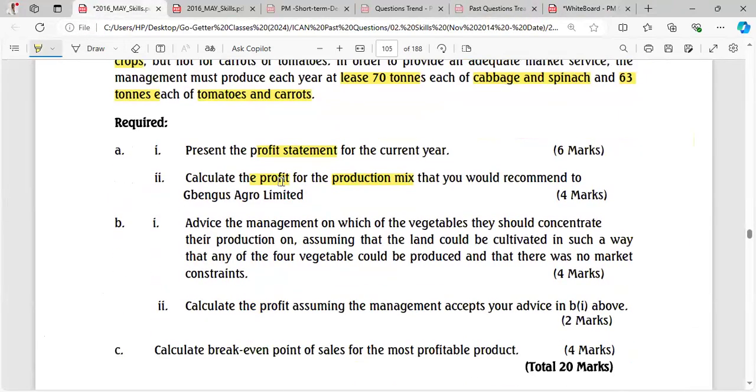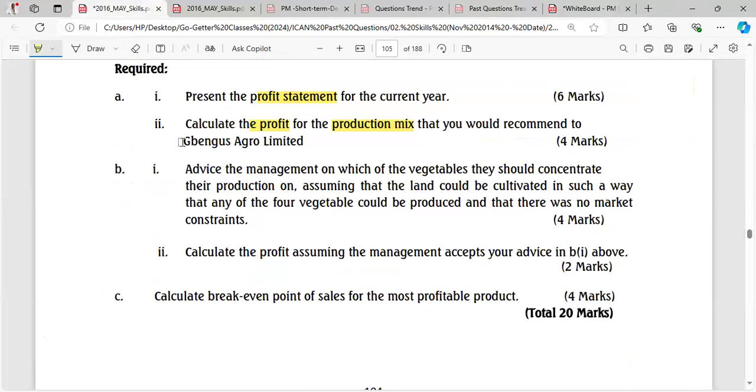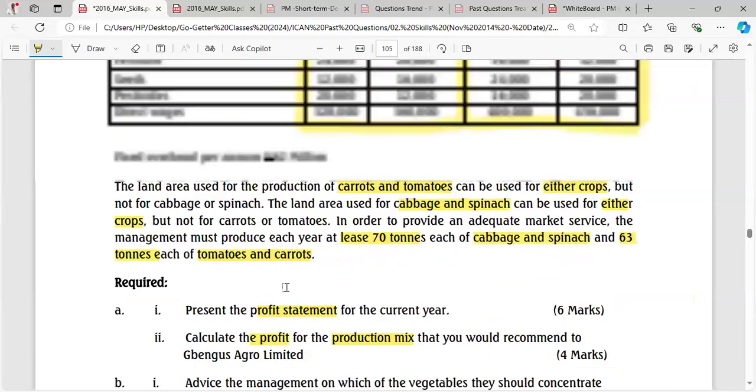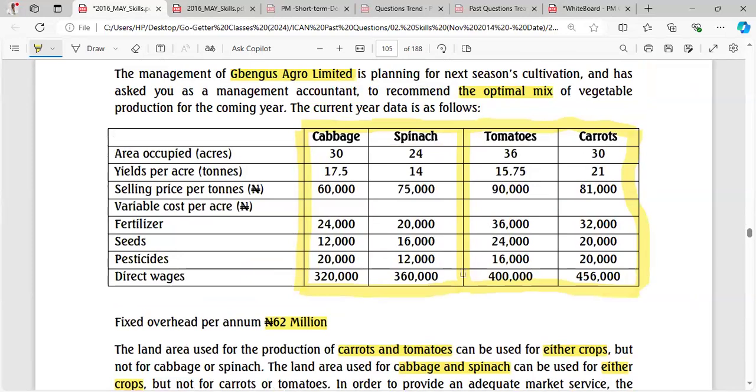The third one is advise the management on which of the vegetable they should concentrate on production, assuming that the land could be cultivated in such a way that any of the 4 vegetables could be produced and there was no market constraint. So 2 things here. Now, in this question, there is no segregation.